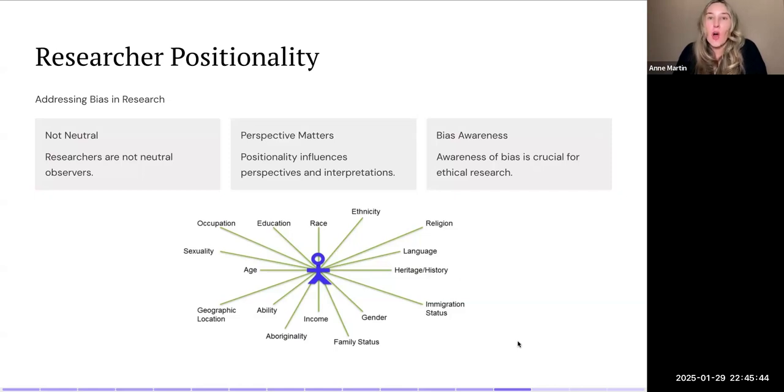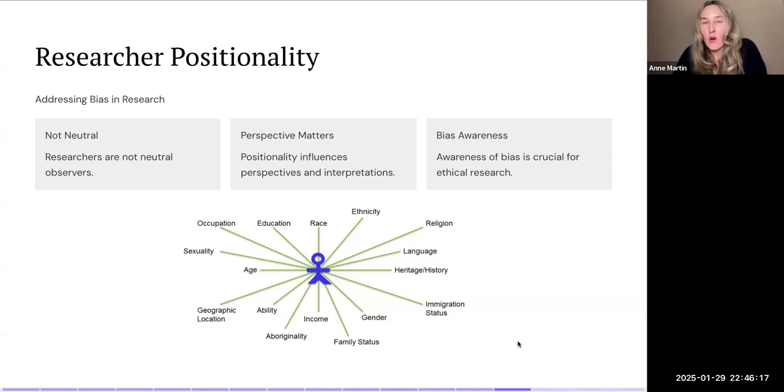And this has to do with all of the multifaceted aspects of our identity that researchers bring to their research. This is our race, our gender, our sexuality, age, socioeconomic status, region, occupation, religion, all of these different aspects of our identity. Those impact our perspective and the vantage point that we come to the research. They even shape the research topic that we're interested in, and so that has an impact as well.